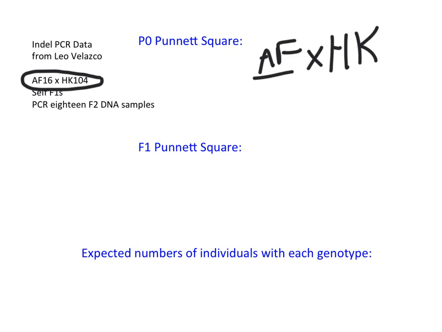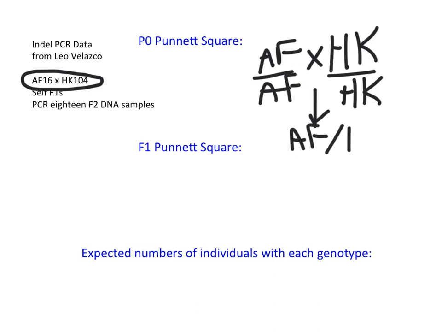So if he mates an individual that's homozygous AF16 to an individual that's homozygous HK104, 100% of the F1 worms are going to be heterozygous. That's what happens when you cross two pure breeding strains together.